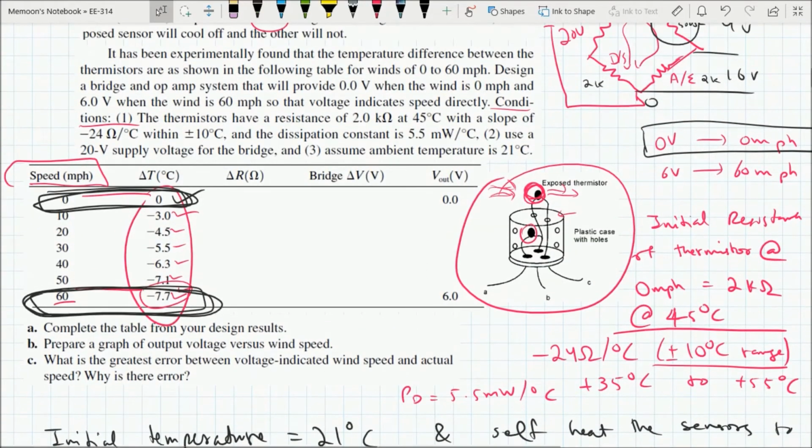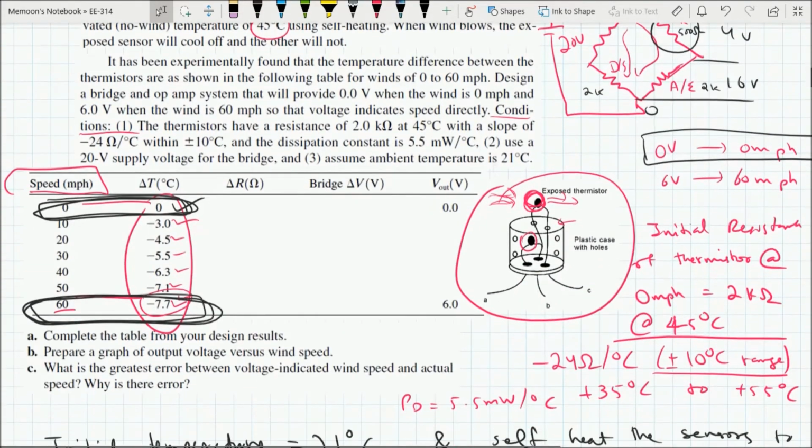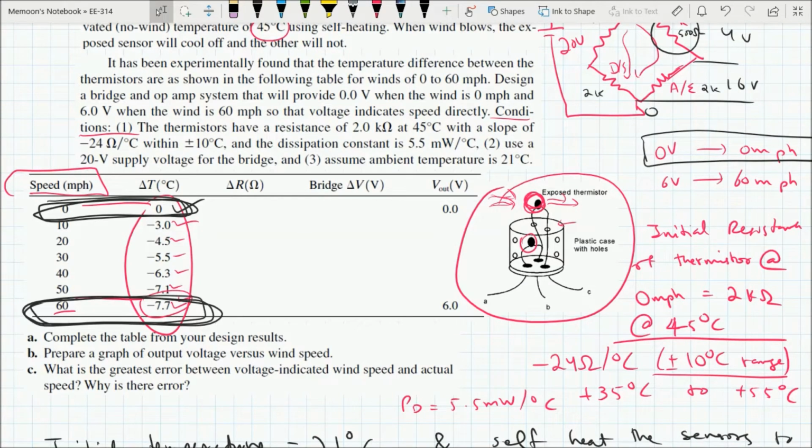And here we are given that the transfer function, or the slope, of this temperature sensor is 24 ohms per degree centigrade change in temperature of the environment.